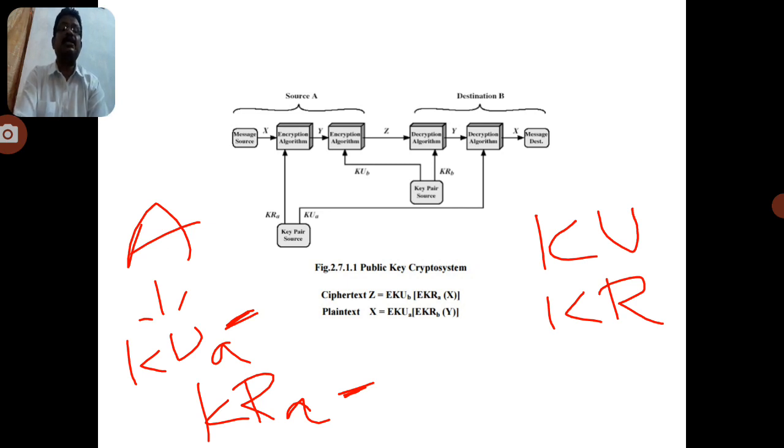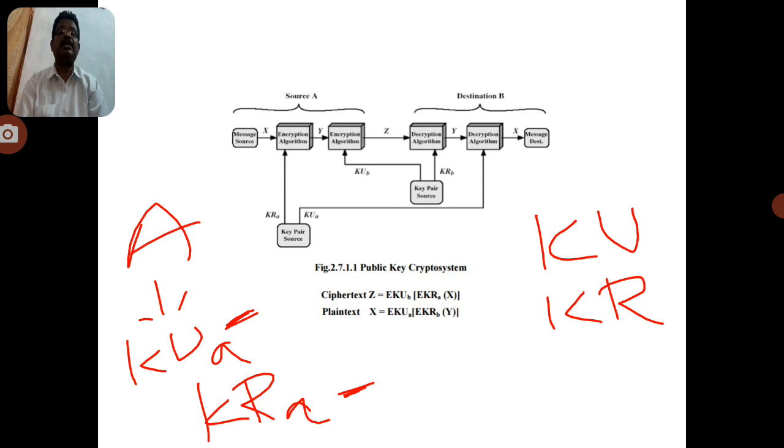That's why each of the two end users can distribute their public keys and keep their private key inside. User A generates a pair of keys, the public key KUA and private key KRA.